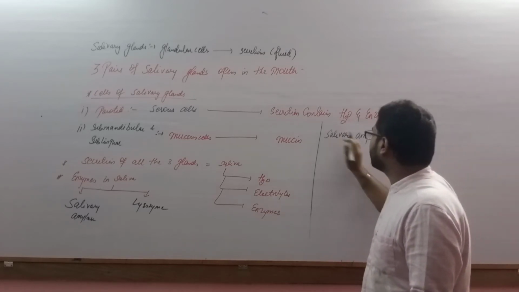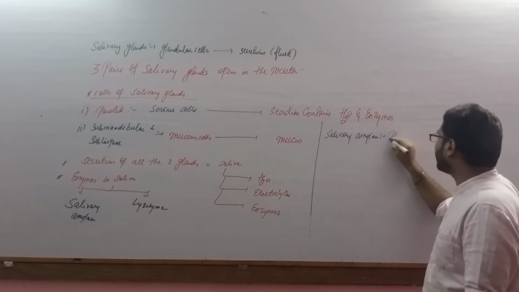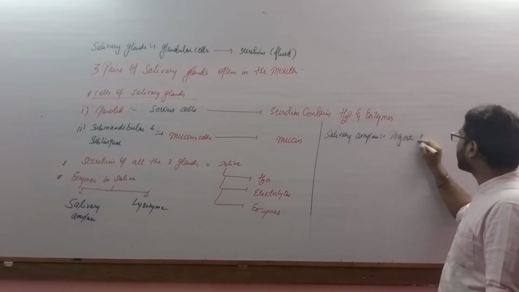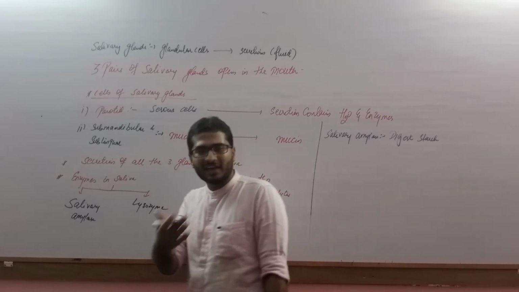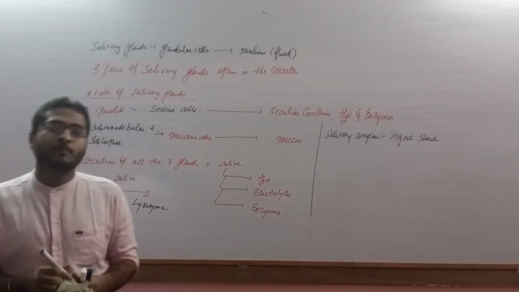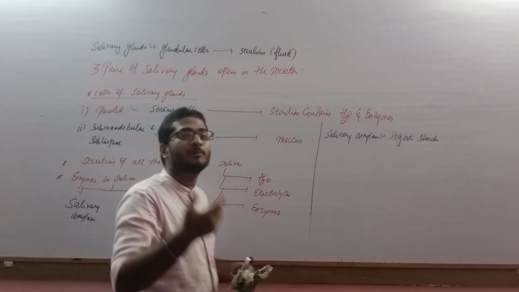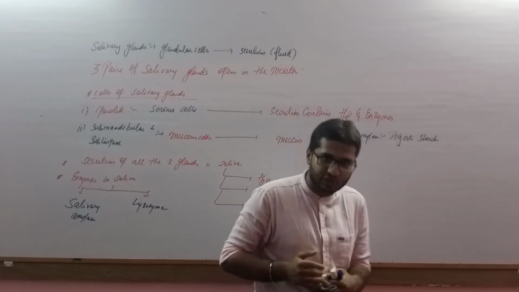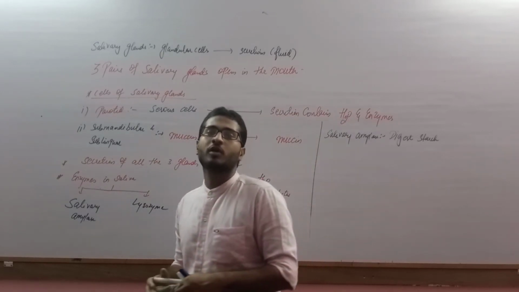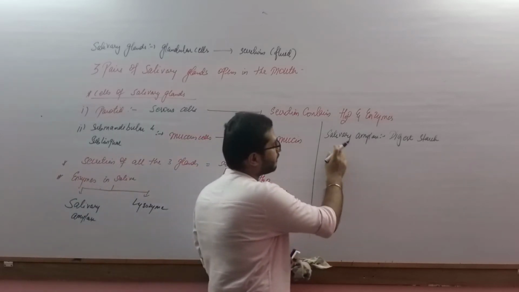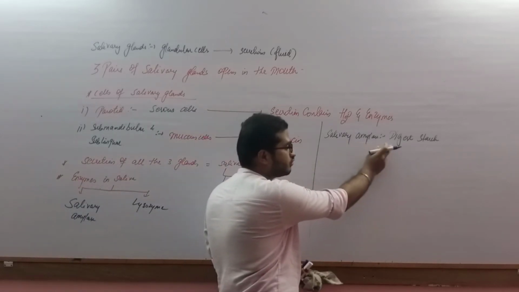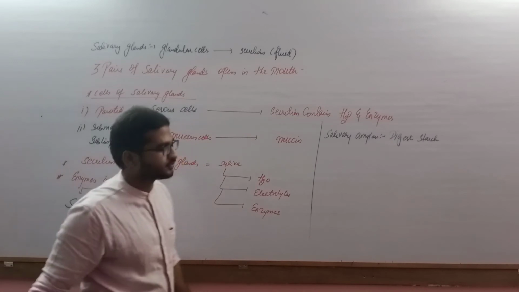So basically the role of salivary amylase is to digest starch. Now what is this starch? Starch is a complex carbohydrate, a complex sugar, and it is broken down into maltose in the mouth or the oral cavity. So the main role of salivary amylase is to digest starch.